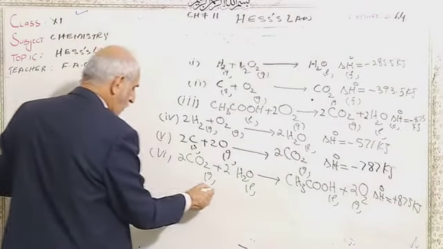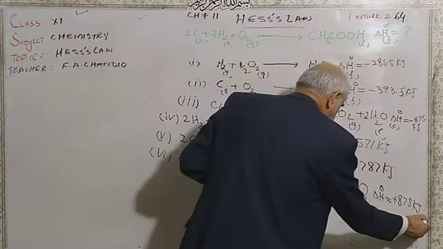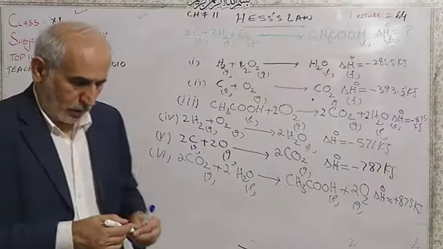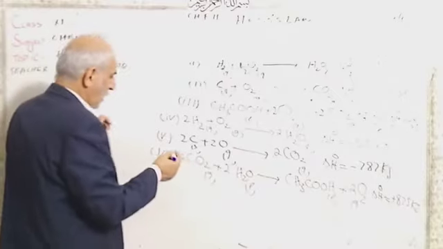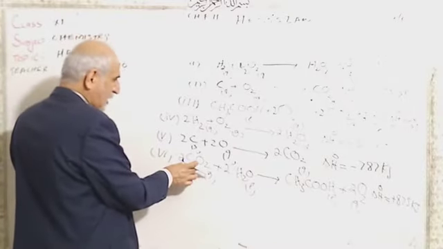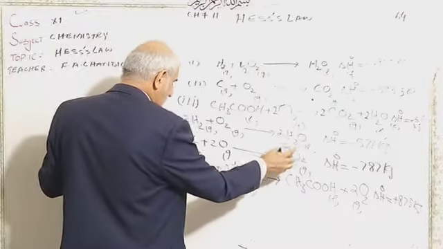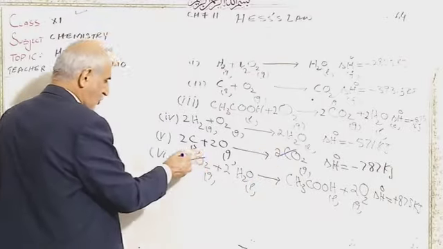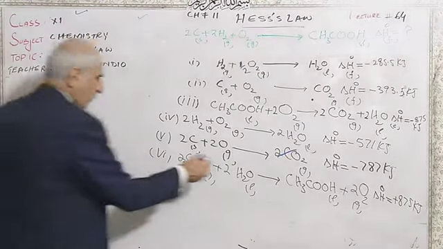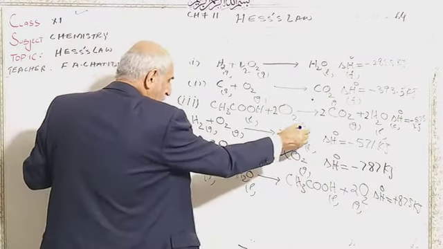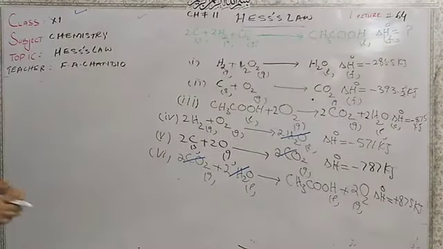Now you add these equations. So carbon dioxide gas, 2 moles on the reactant side, cancels 2 moles on the other side. 2 moles of water also cancel out.